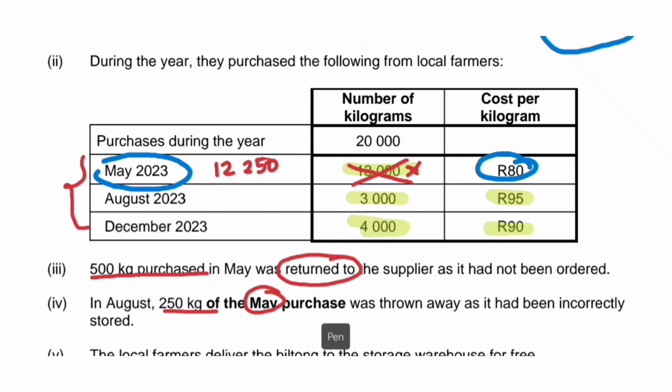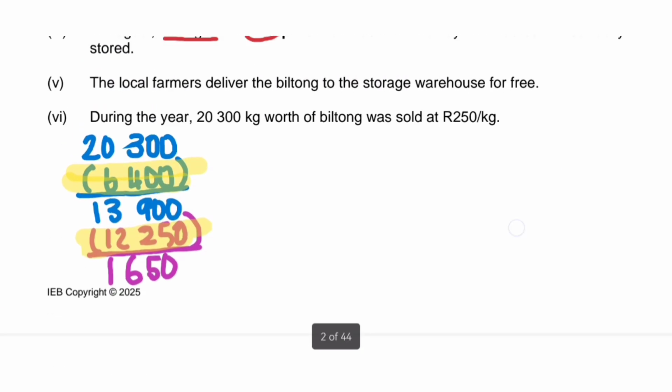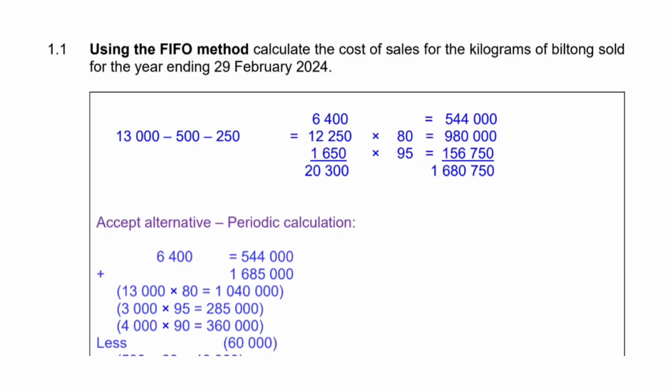In August, we had a total of 3,000 to sell, but we only need to account for 1,650 to make up our total sales amount.